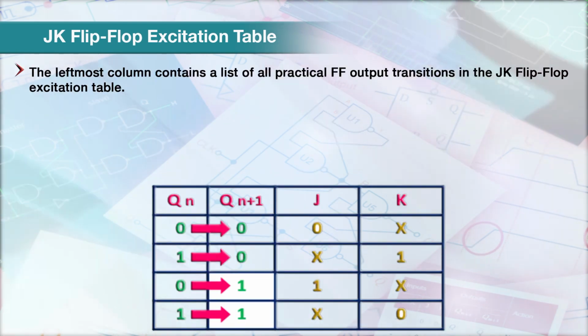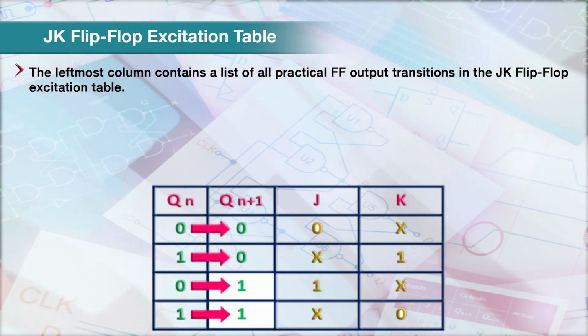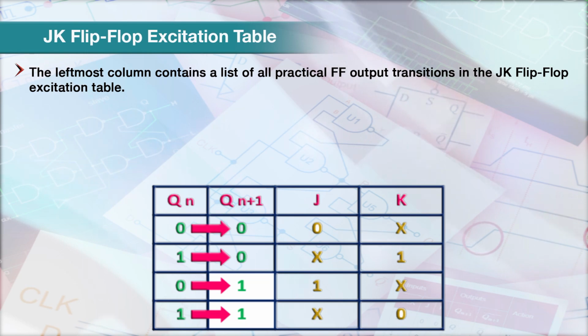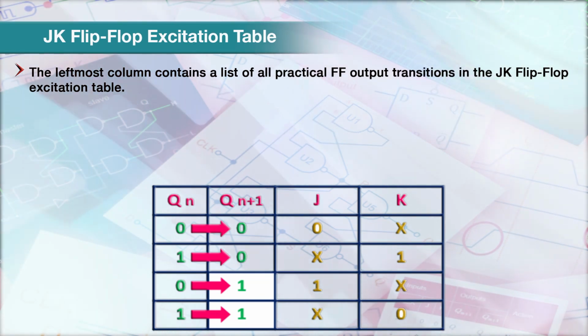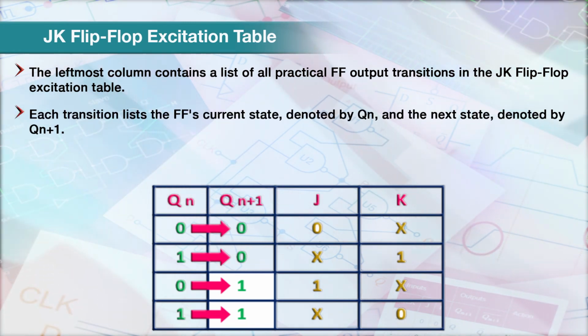In this table, the leftmost column contains a list of all practical flip flop output transitions. Each transition lists the flip flop's current state, denoted by Qn, and the next state, denoted by Qn plus 1.